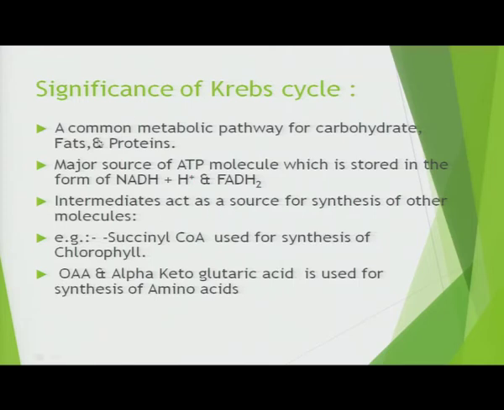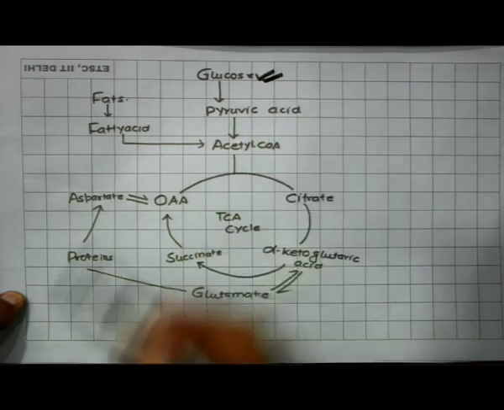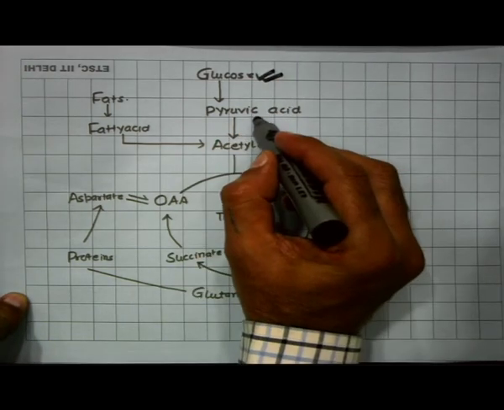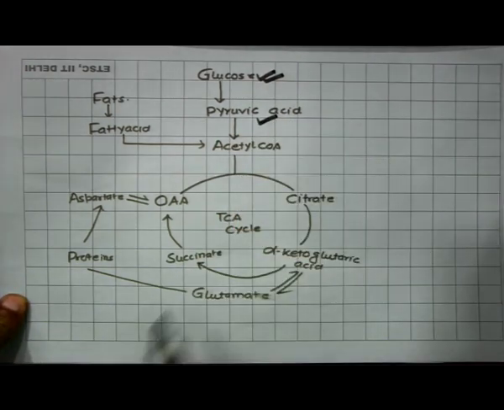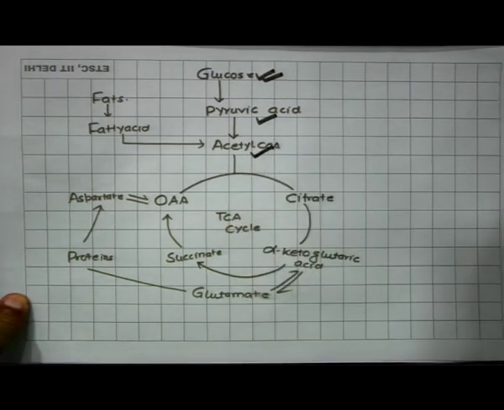The Krebs cycle is the common pathway of carbohydrate, protein and fat. We can summarize this in the same way. The glucose molecule, which is the substrate, is converted firstly into pyruvic acid. Pyruvic acid is converted into acetyl coenzyme.